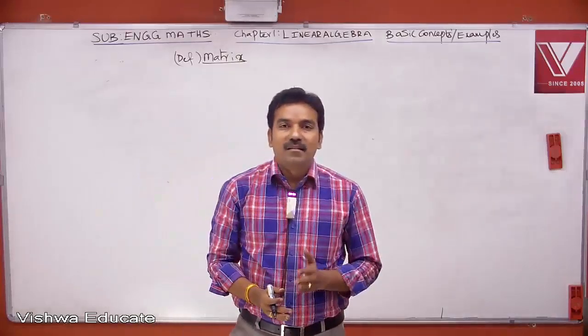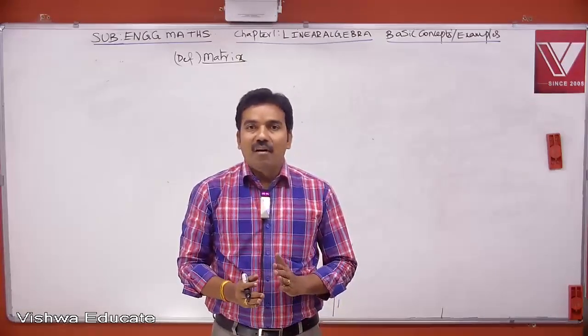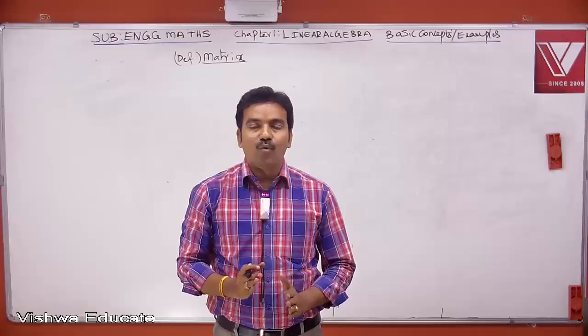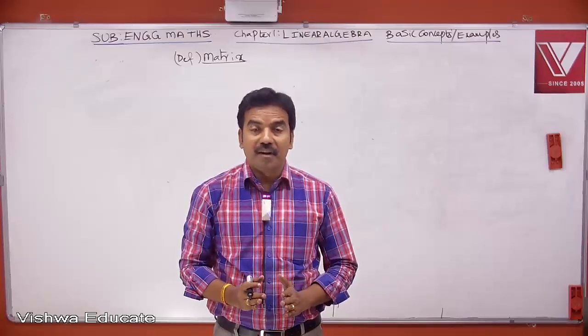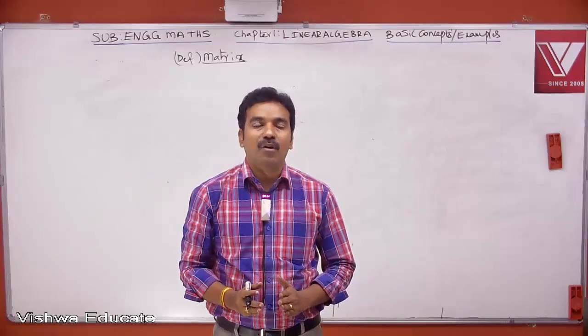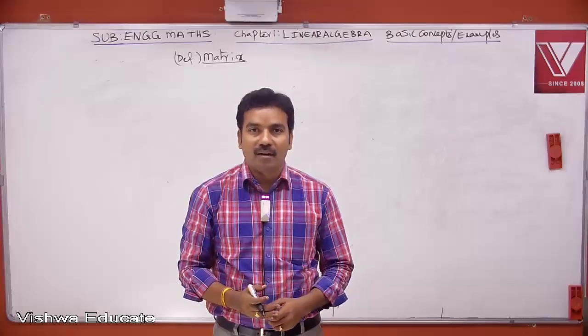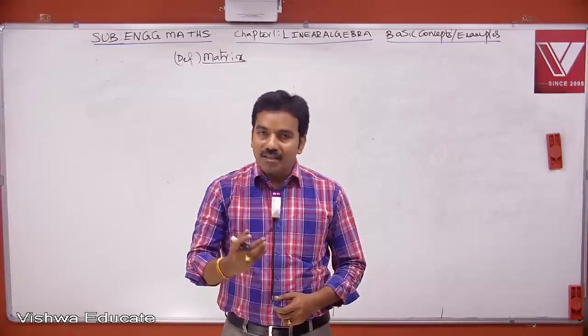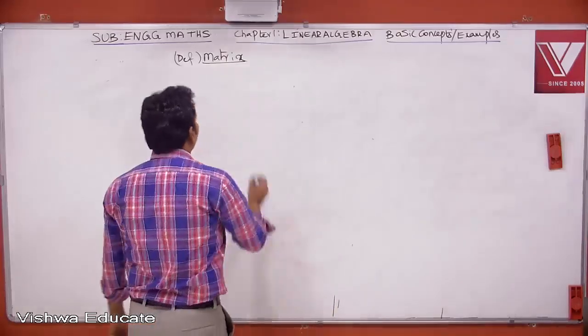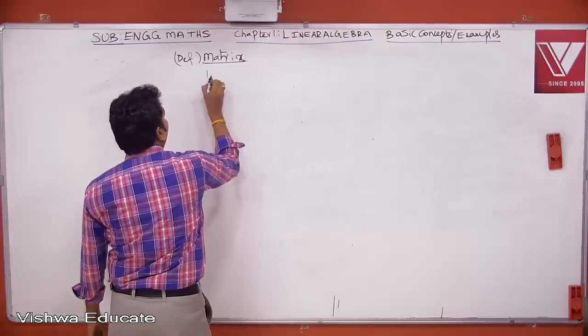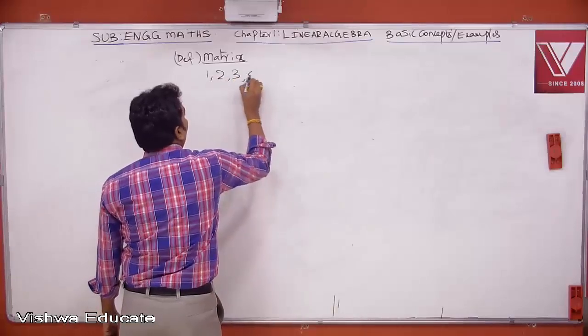What is a matrix? It is defined as arranging elements in the form of rows and columns is called a matrix. Let us start with an example. Suppose I have 4 elements, 1, 2, 3, 4.